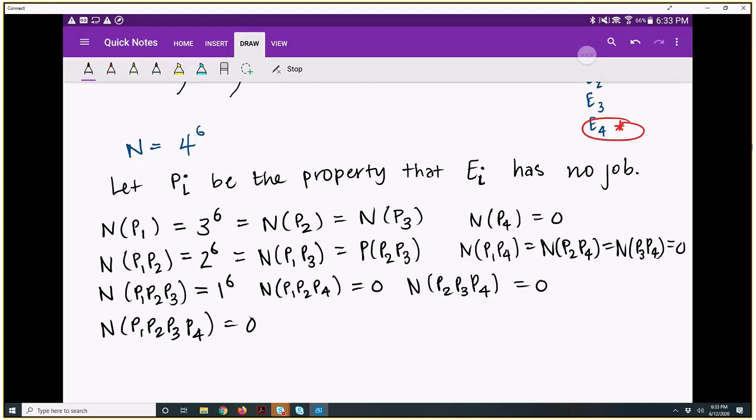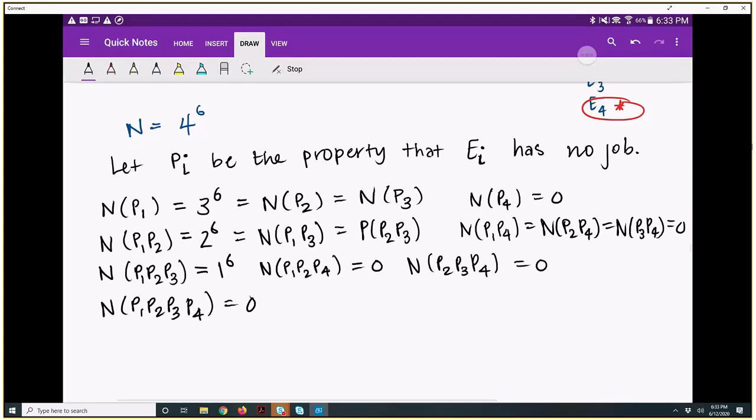So now, the principle of inclusion and exclusion would tell us that we want N minus 3 to the power 6, or the N of P1. So we want to subtract N of P1, N of P2, and N of P3.